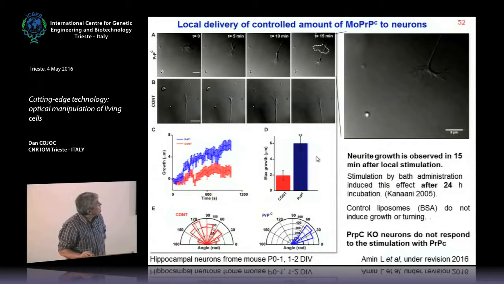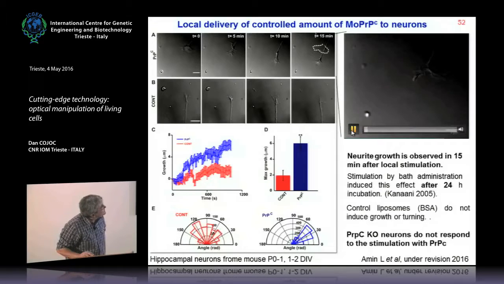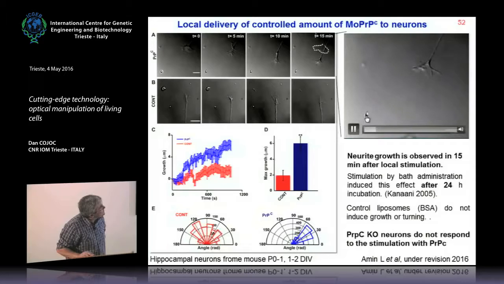And here I show you an example, a sequence of images with PrPC and with a control, liposome with BSA. And the movie, I hope that you can see it. The liposome is here. We released, you see that it was broken. We released the molecules. And in 8 minutes, you see how the neuron grows toward the initial source. Do not be scared about these guys traveling here like crazy.